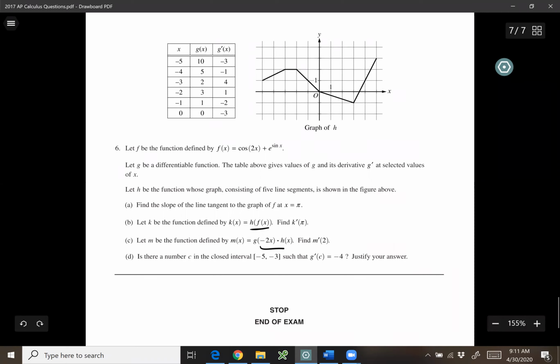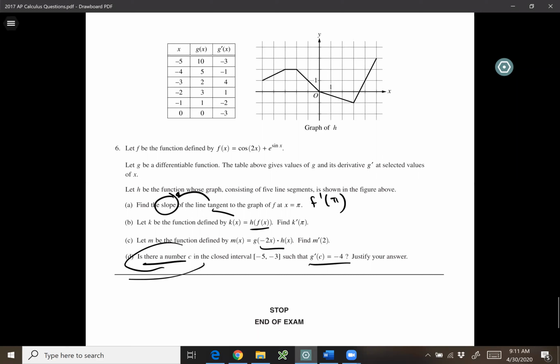That's product rule. Slope of the tangent line is literally just asking for f prime of pi. You don't need to do the full x1, y1, m because it just wants the slope. And then C, is there a number C such that g prime of C, that's MVT, IVT, right? When we see that wording, we think MVT, IVT. So that's kind of just going through each of these.